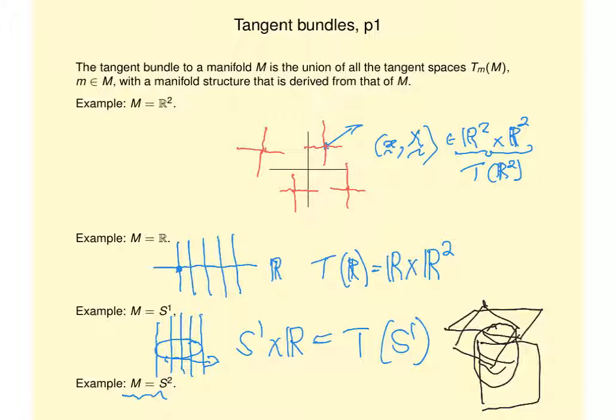Further, one new thing: TS2 is not a product manifold. We saw that TS1 is S1 cross R1. TS2 is not diffeomorphic to S2 cross R2. So that's a further complication, but that makes it interesting, and we'll come back to do this in more detail a little later.